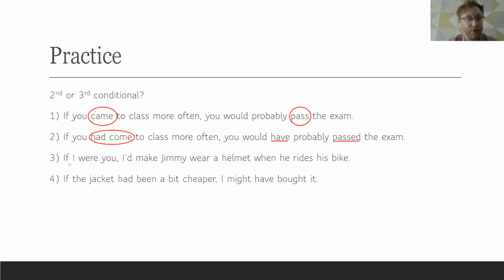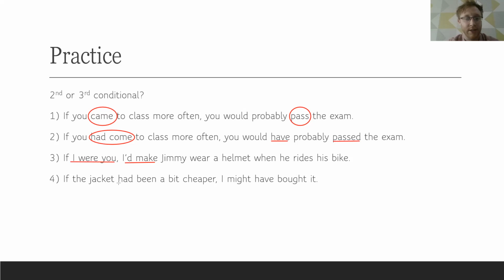If I were you, so past simple, I'd make Jimmy wear a helmet when he rides a bike. So would make base verb, right? And then the rest of the clause. And remember, number 4 was the third conditional.